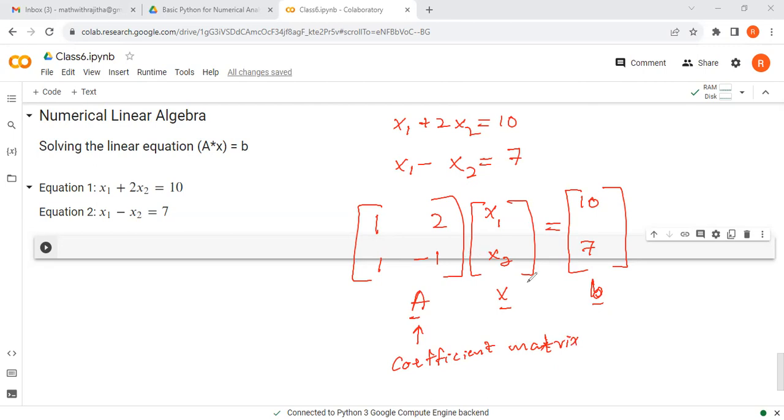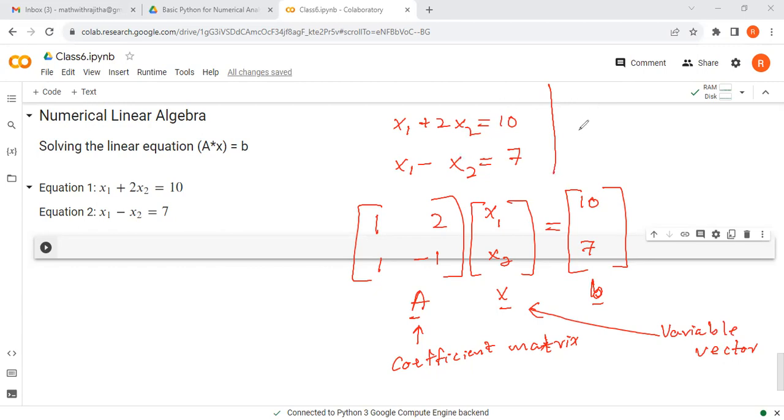This is the variable vector. Now can we actually solve this?